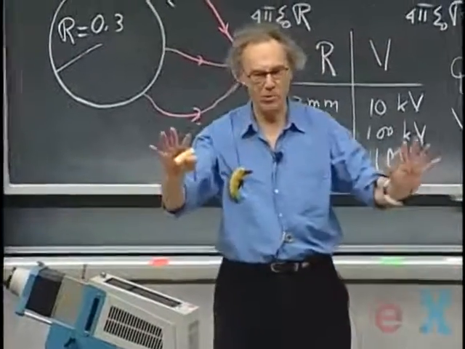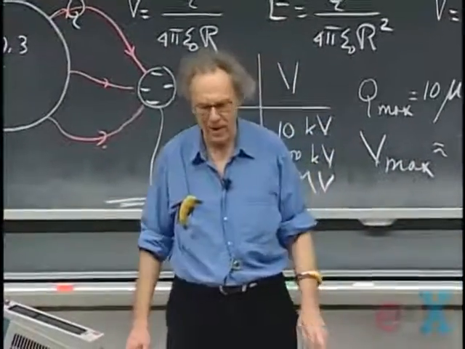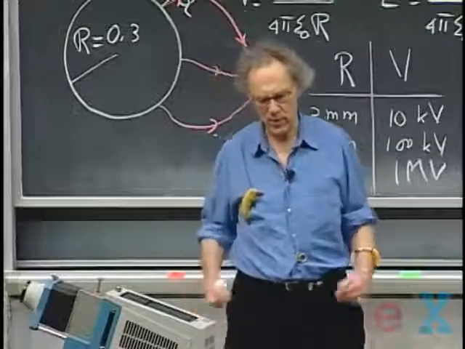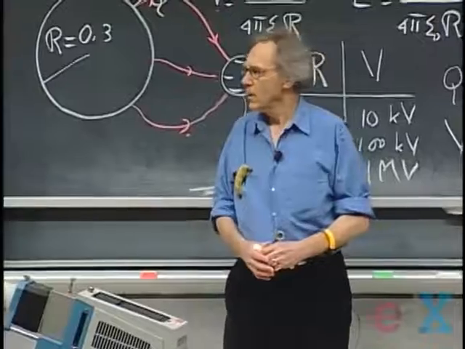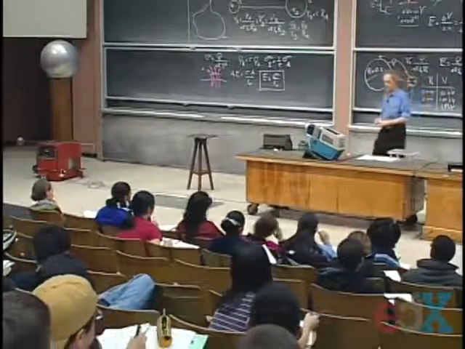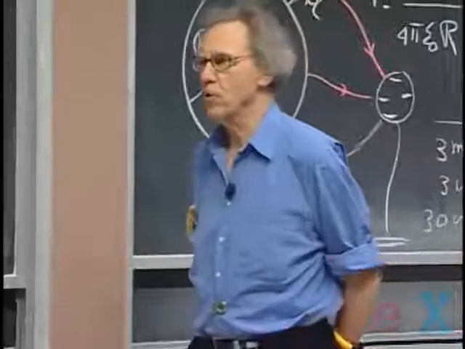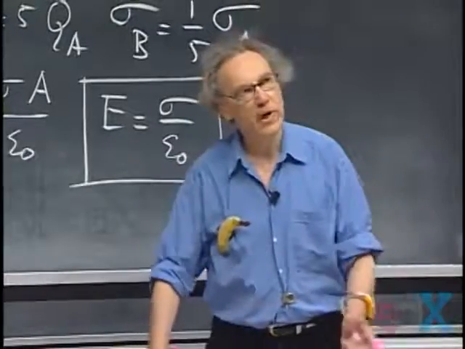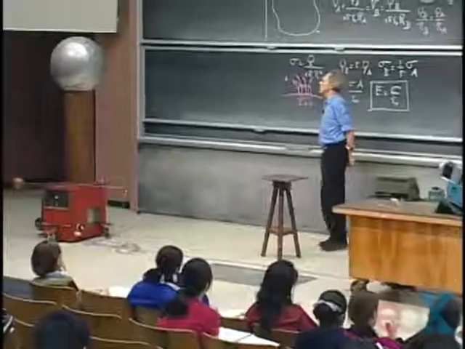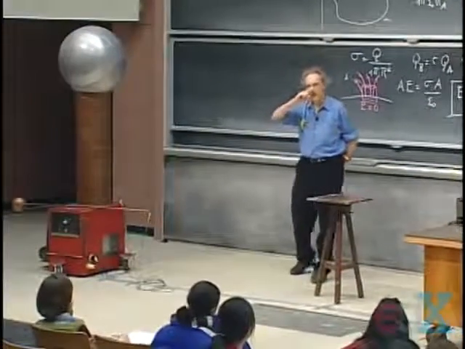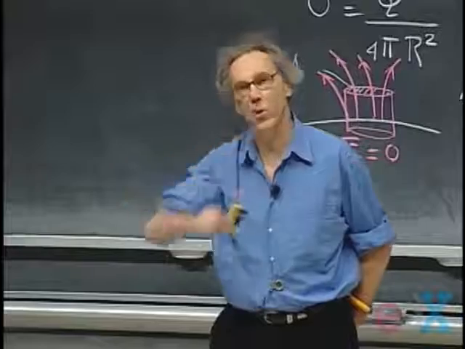You will see more sparks today than you've ever seen before in your life, but I want you to appreciate a little bit more about the sparks before I demonstrate that. If I approach the Van de Graaff not with the sphere, but walk to it being very courageous like this, I'm also a pretty good conductor, I'm also connected with the Earth, then the chances are that the spark would develop first between my nose and the Van de Graaff, because that is the sharpest curvature, the smallest radius.